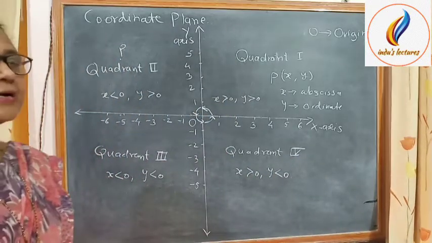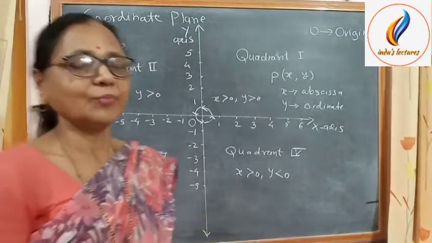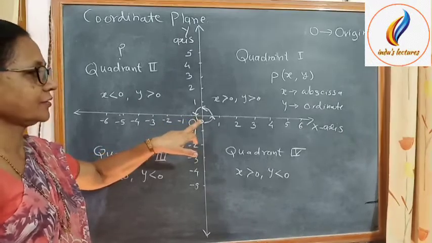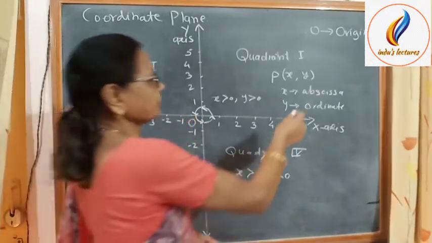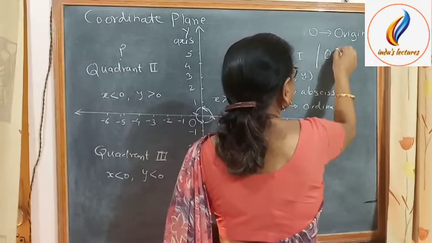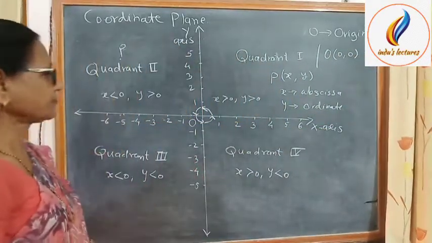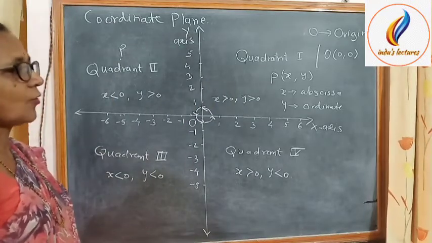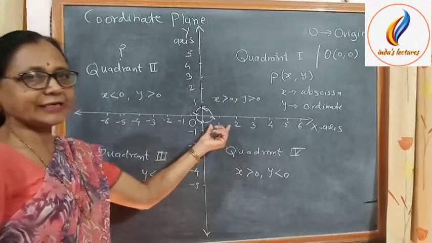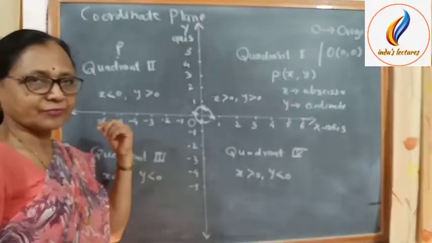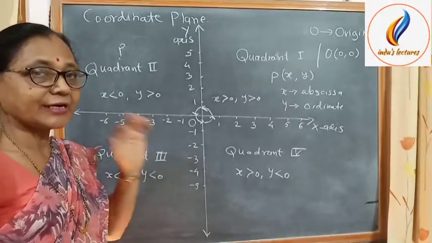Now how to locate the point in a plane? The origin also is a point whose coordinates are (0, 0). That means origin is a point having coordinates (0, 0). Now if we take any point on the x-axis, then its x coordinate is either positive or negative, but its y coordinate is 0.